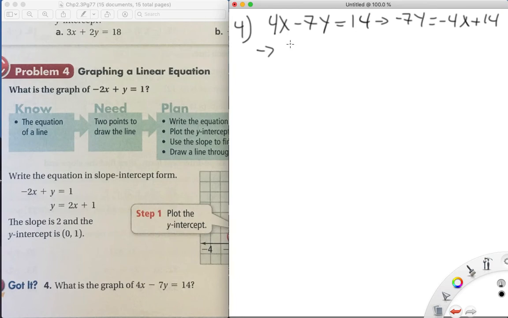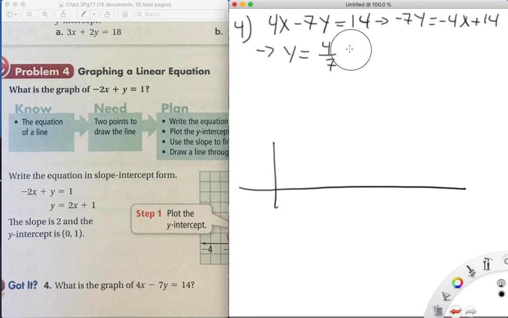So that gives me y equals 4/7x minus 2. Alright, so let's graph this.